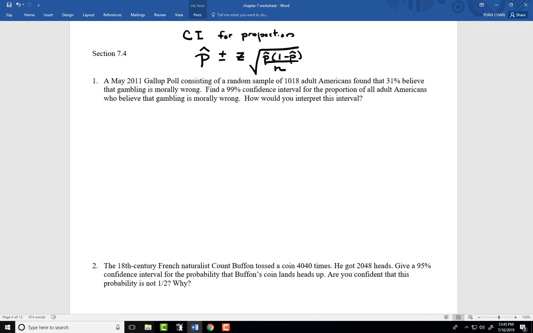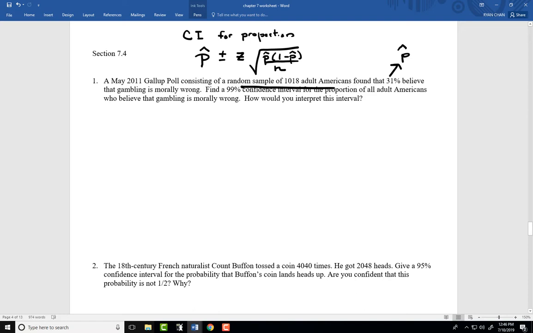However, the percent of everyone that believes gambling is morally wrong may not be 31%. That's the thing we have to realize. This, if you recall, is p hat, because it's talking about a sample.